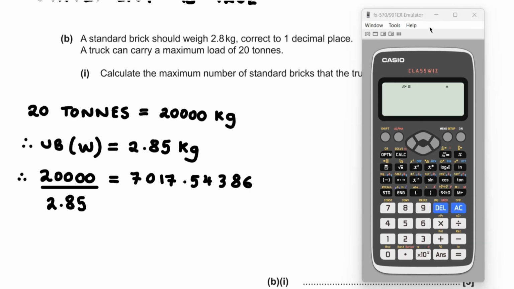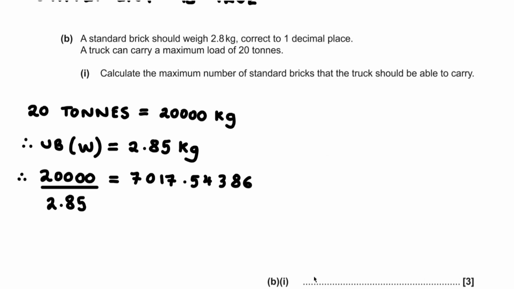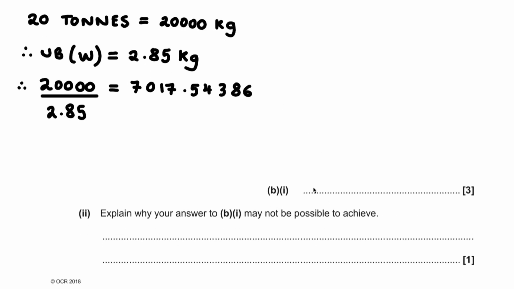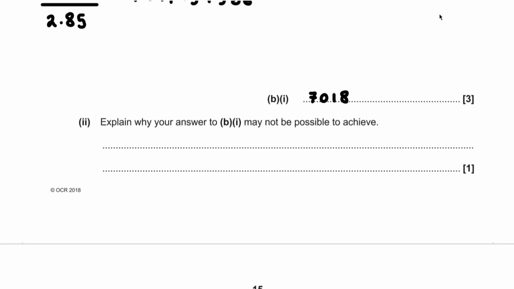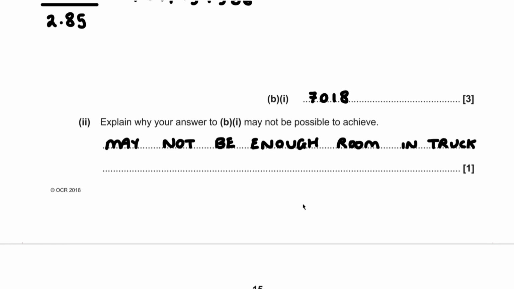So the maximum number that will be given by 7,018. Next we have to explain why the answer to part B may not be possible to achieve. Well, if we think about our truck, it's going to be limited in size. So there may not be enough room in the truck.